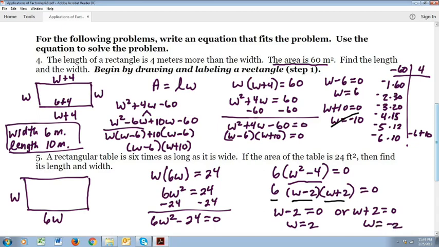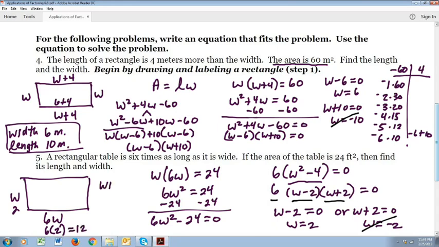And again, we can never have a length that's negative, so we'll throw that one out. And so our width is 2. And so 6 times 2, our length, whoops, hold on a sec, that should be a 2. That's going to be 12.